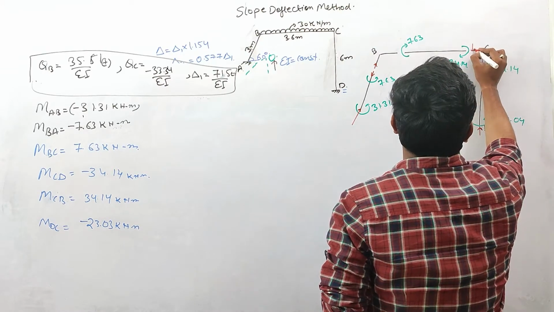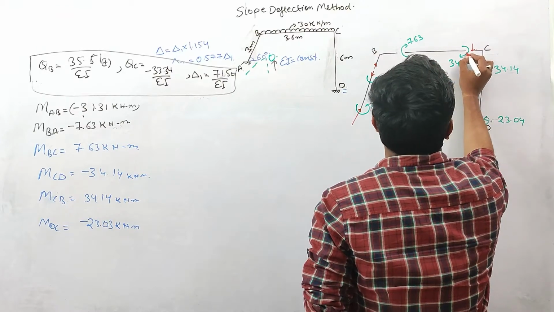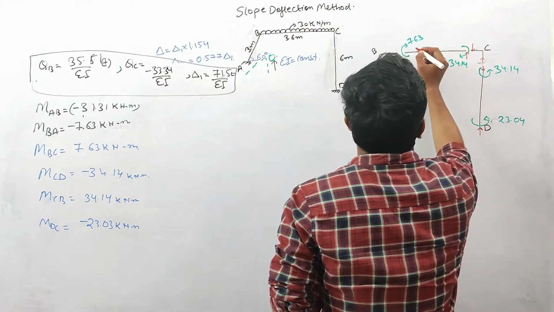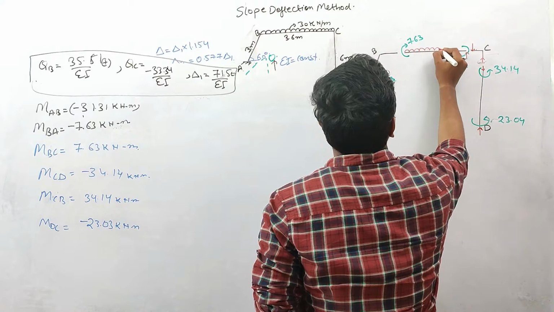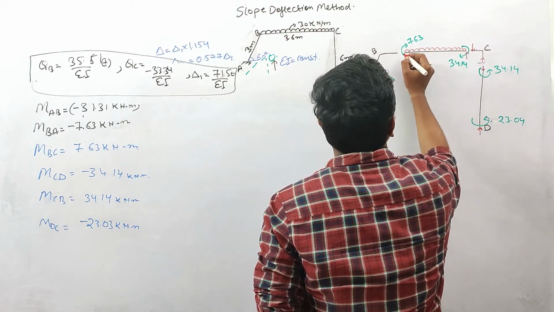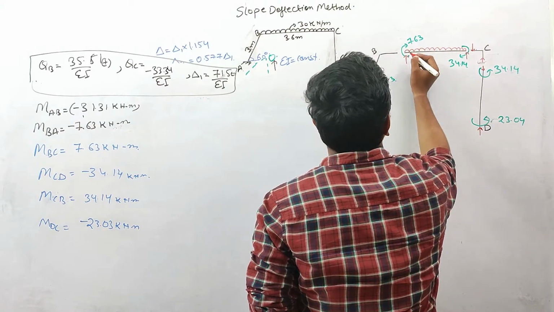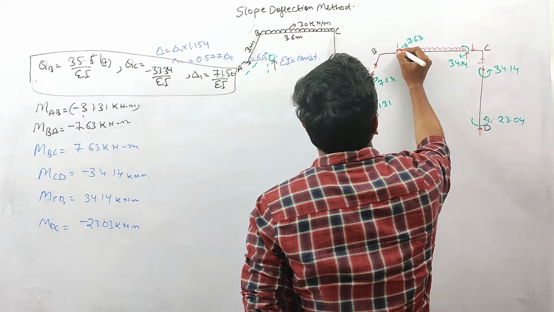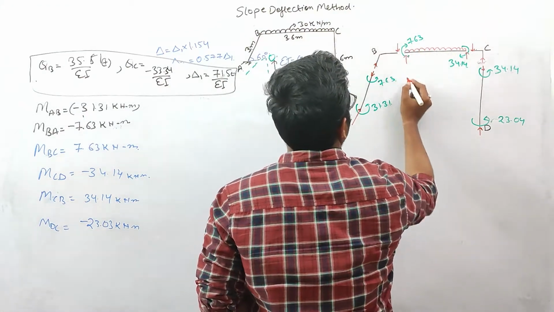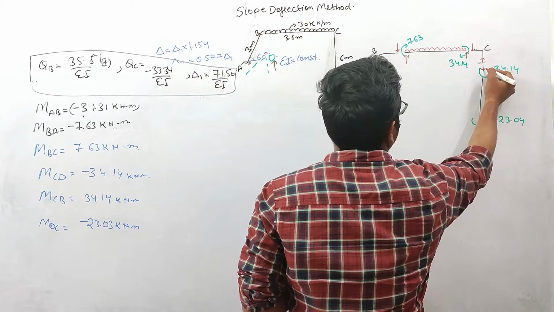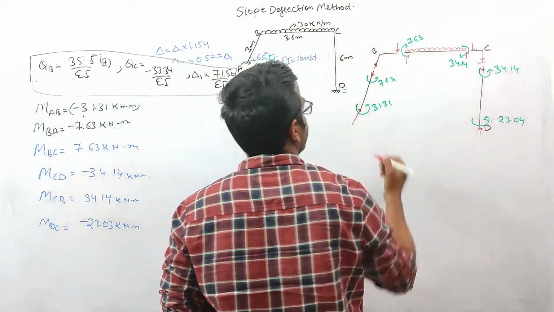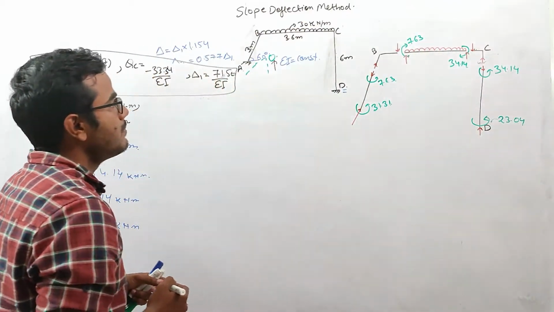And again, to balance this force there will be one force here. There is a UDL acting on this BC portion, again one force. So these two forces will be equal, right?